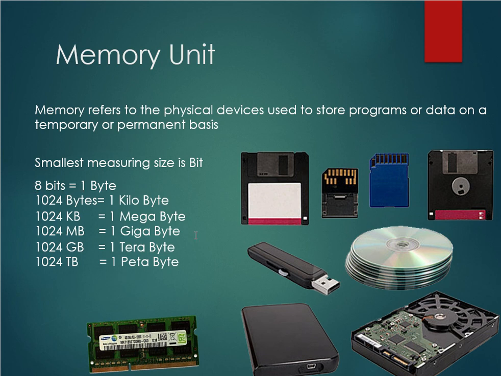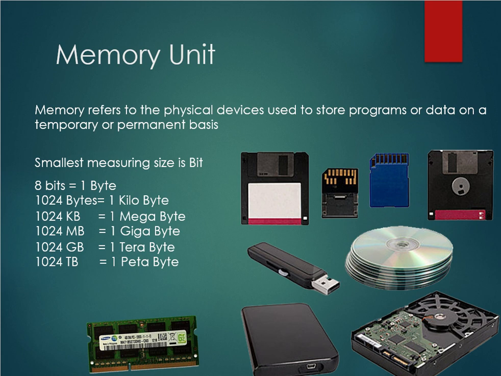Then it will be multiplied by 1024 and labeled like our metric system. And 1024 bytes is equal to 1 kilobyte. Then 1024 kilobytes is 1 megabyte, and giga, tera, peta, like that we can build the scale.